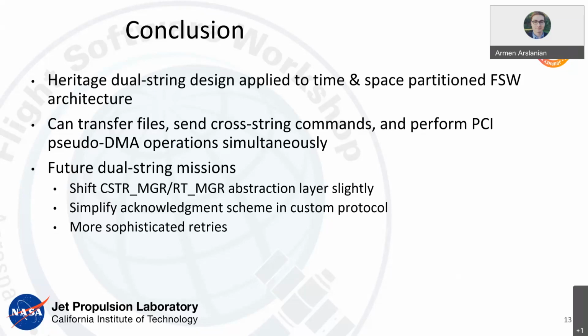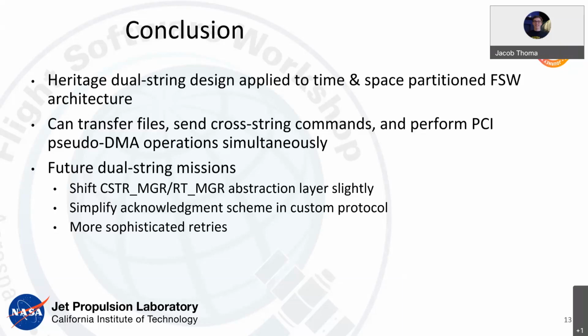And now Jacob will talk about what future dual string missions could do and what we can do to improve this custom protocol. Yep, so if we were going to change anything in a future iteration of this dual string flight software, one thing would be to shift the cross-string manager, remote terminal manager abstraction layer slightly.